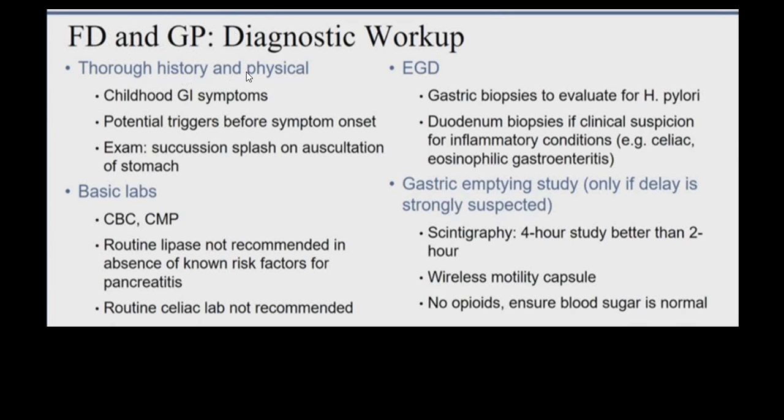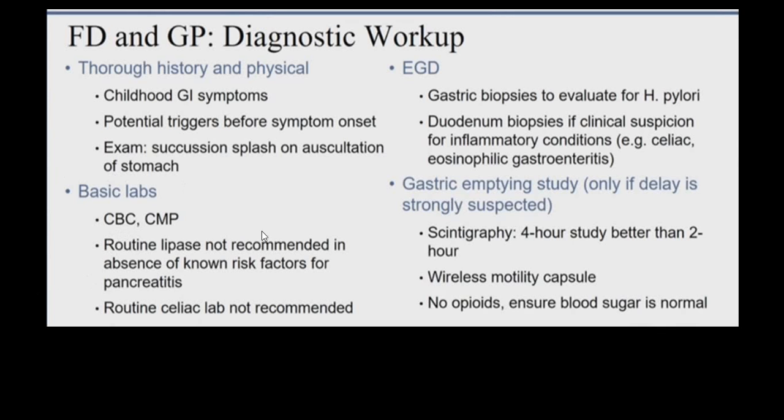History and a good physical examination are absolutely necessary. Basic laboratory parameters like CBC are very important, because iron deficiency anemia falls into a group that is more towards organic causes.